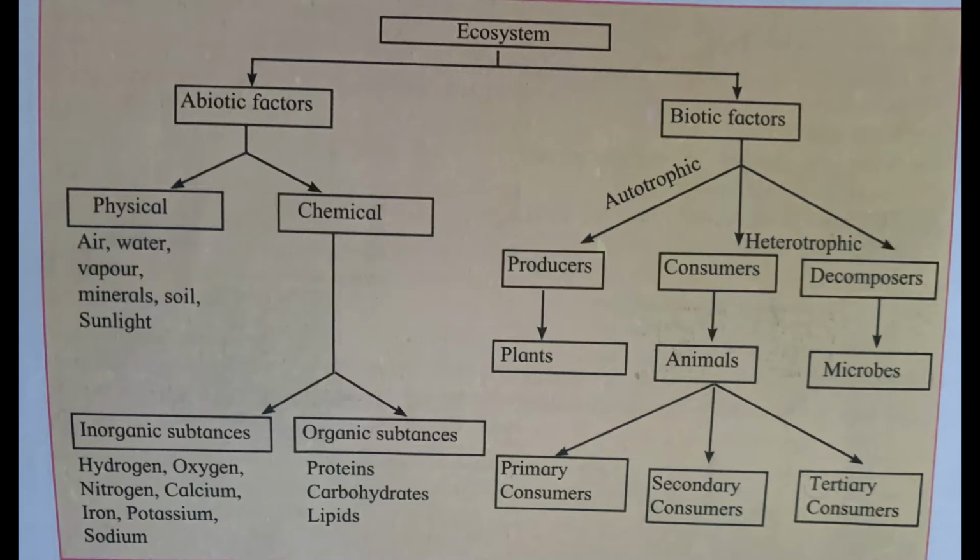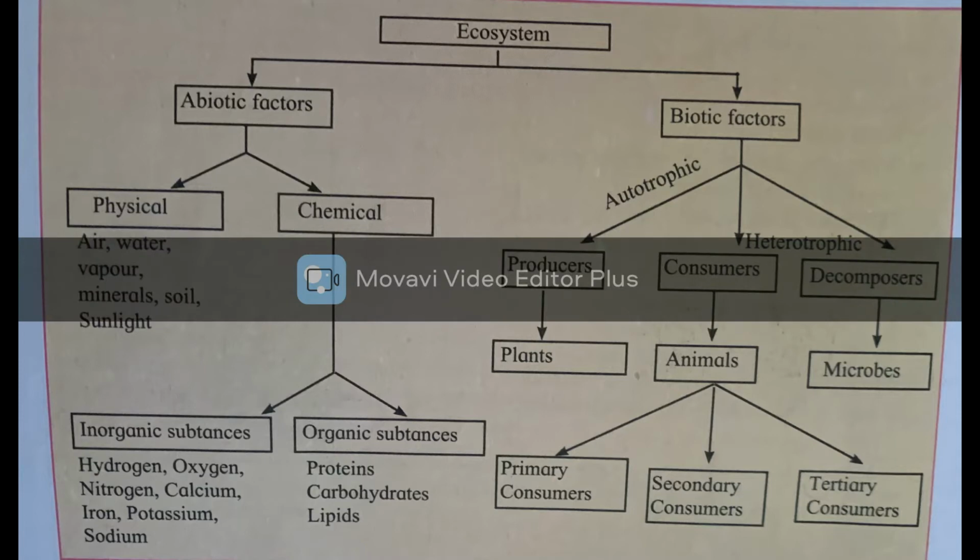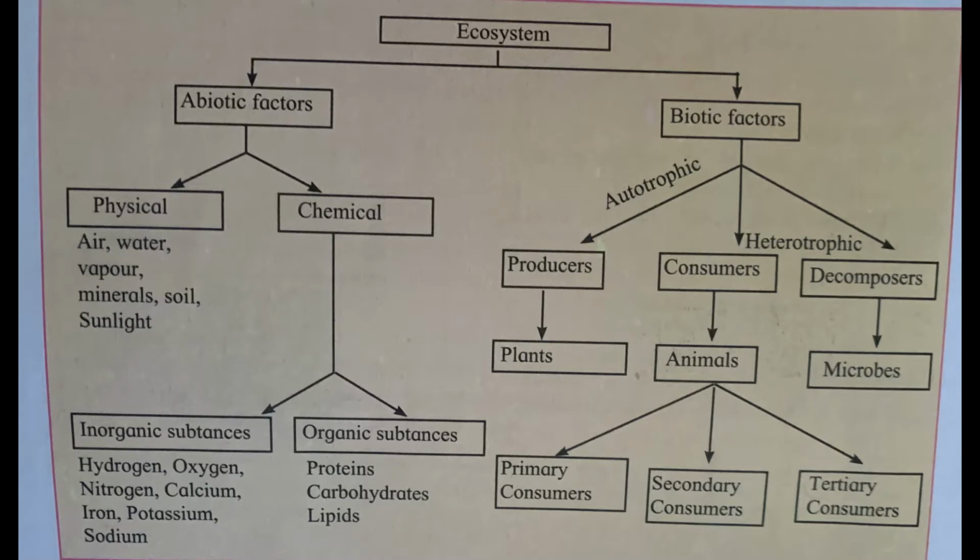Plants make their own food, so they are called producers. In heterotrophs, there are consumers and decomposers. Consumers are animals, and in animals there are primary consumers, secondary consumers and tertiary consumers.